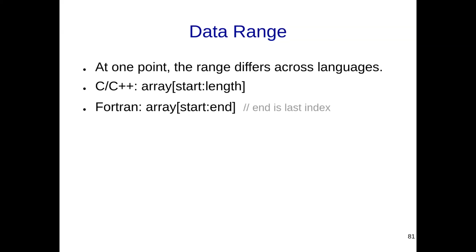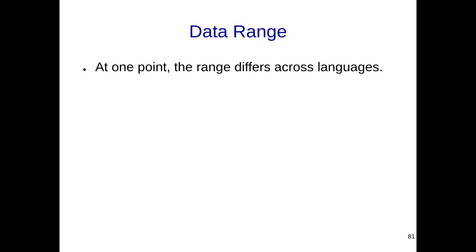Pranshu is asking, can we copy any number of elements of the array, or is it necessary to copy the whole array? Yes, you can copy any number of elements of the array by specifying this syntax: array of starting index colon number of elements you want to copy.